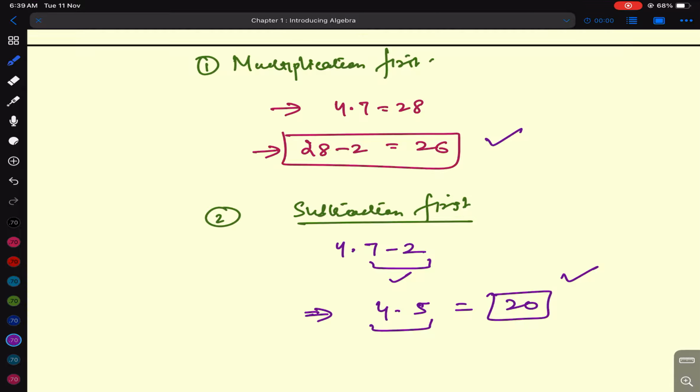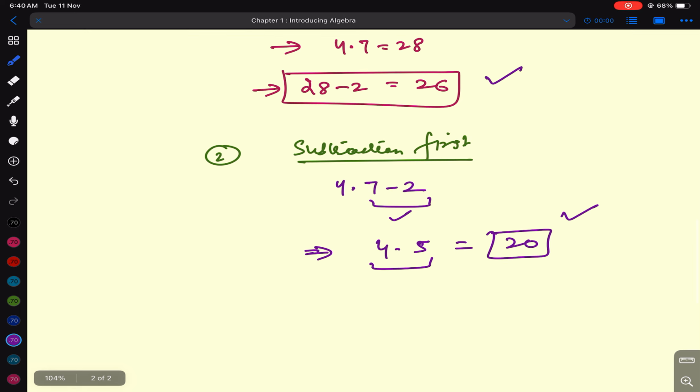That's what I was intending to convey, that how we perform the operations, in what order, does matter. As we have seen, if we perform the multiplication first, we get the answer of 26, and when we perform the subtraction first, we get the answer of 20, which are two different answers.